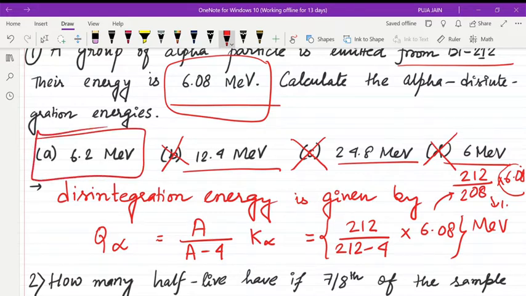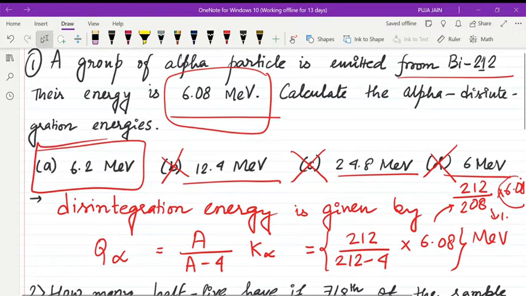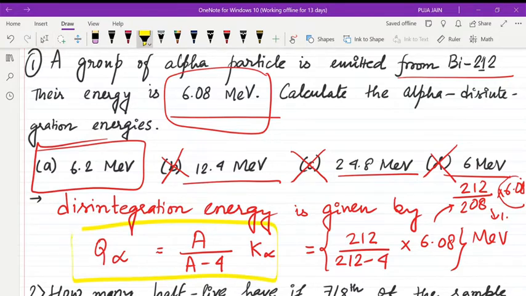So what we need to know? We need to know the formula connecting the disintegration energy of the alpha particle with the kinetic energy, and the relation is Q alpha equals A by A minus 4 into K alpha. The second thing you need to know is the calculation part. You have to observe the answers and find the right one.